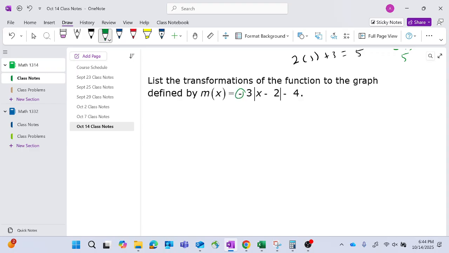That negative tells me we have a reflection over the x-axis. The actual 3 tells me it's a vertical stretch by 3.